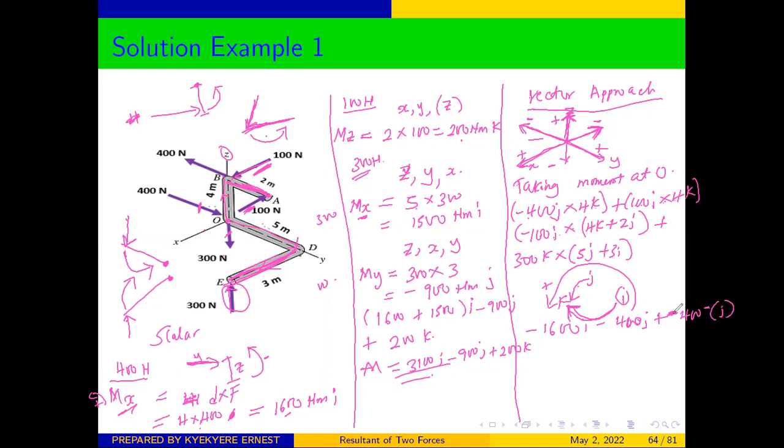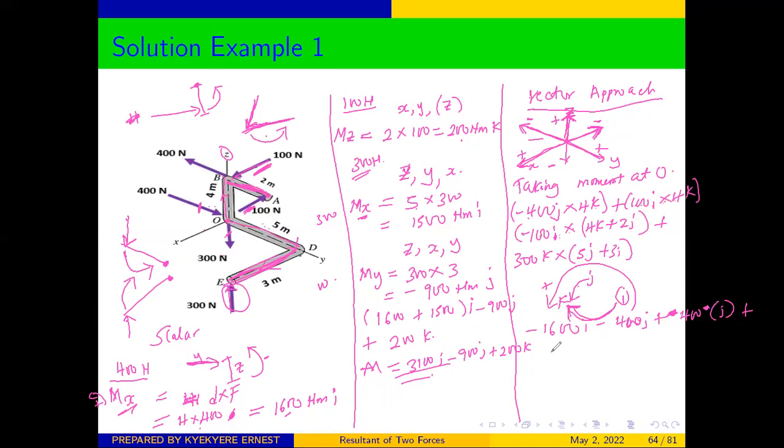So the negative there will make it positive. So let me clean the negative so that our answer there will be positive. And then we can also do for what is down here. We have negative 100j cross negative 100i cross 2j.